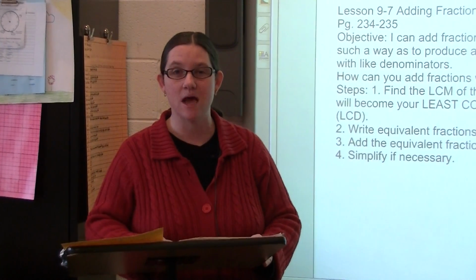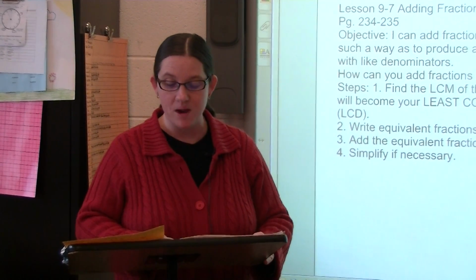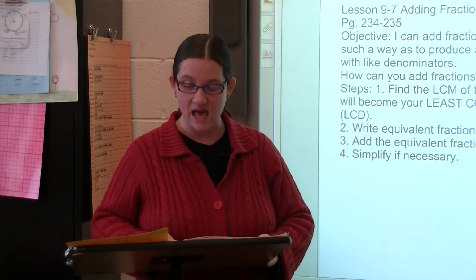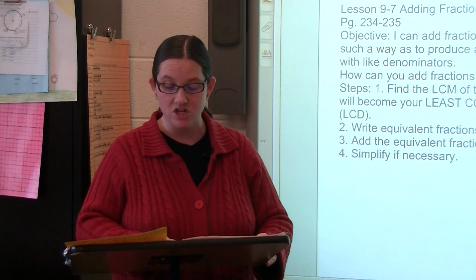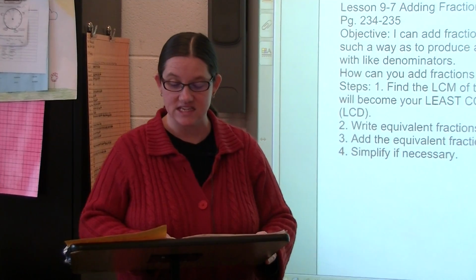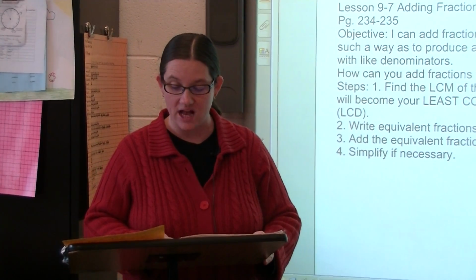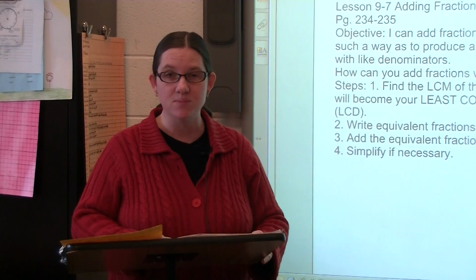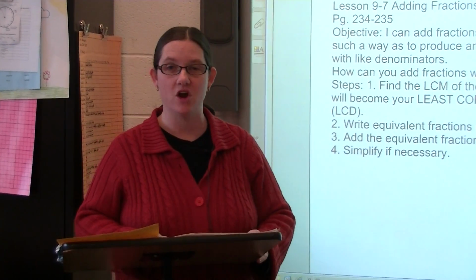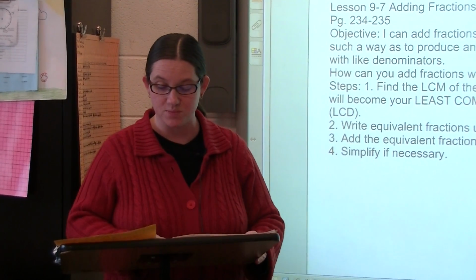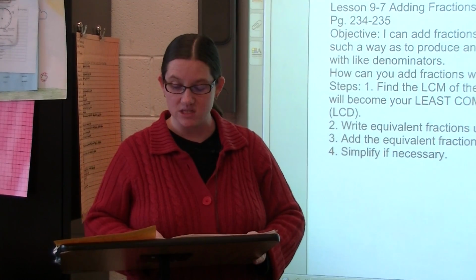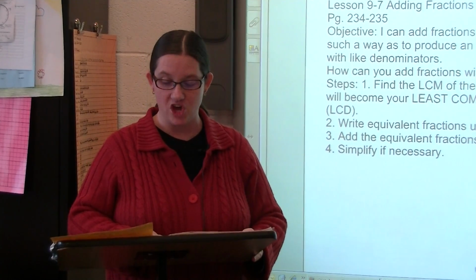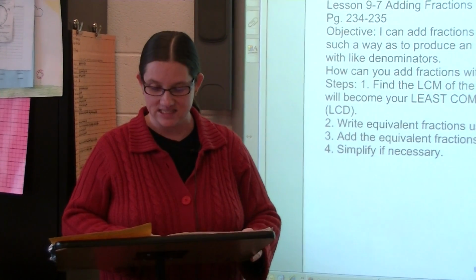Okay, so go to the top of page 235. Here we have our steps that we just wrote down. Step number 1, it says change the fractions to equivalent fractions with a common or like denominator. So there's where your LCD is. It says the least common denominator, or LCD, of two fractions is the least common multiple of the denominators. And we wrote that in our notes. And you will see there that they listed the multiples of 2 and the multiples of 3 and found that the LCM is what? 6. Good. So the LCD is 6.